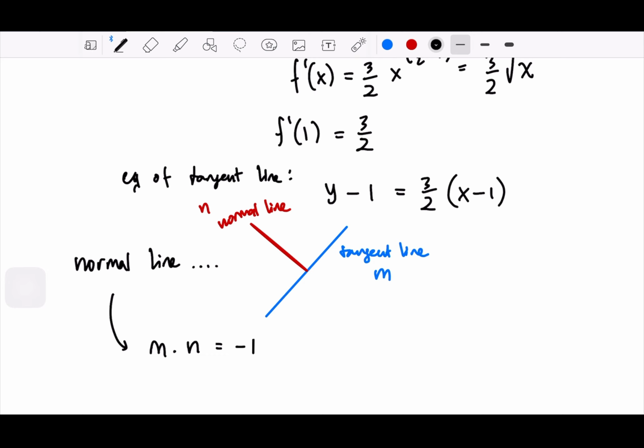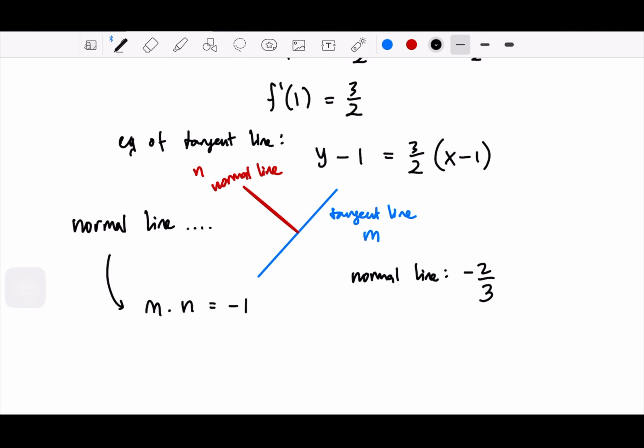In our case, the slope of the normal line will be -2 over 3. This is not the normal line itself, this is the slope of the normal line.